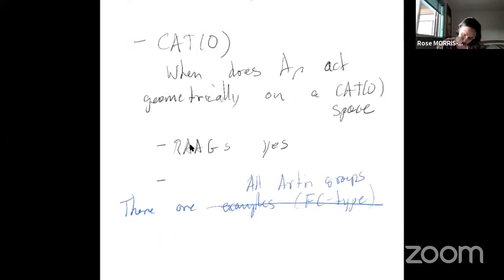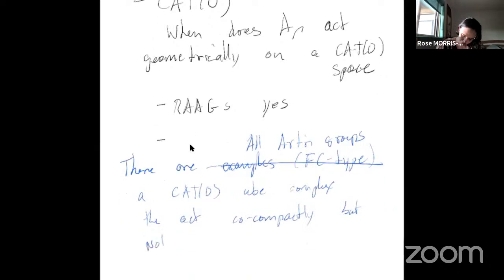For all Artin groups, you can construct a CAT(0) cube complex, and they act co-compactly, but not properly. In fact, for many Artin groups, this CAT(0) cube complex turns out to be finite diameter, right?